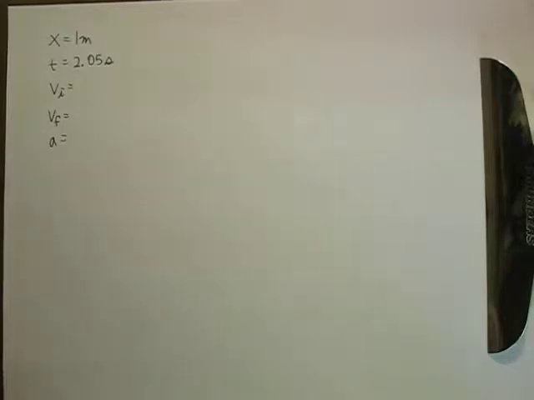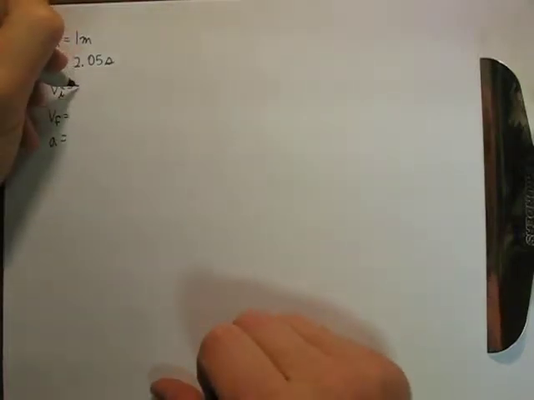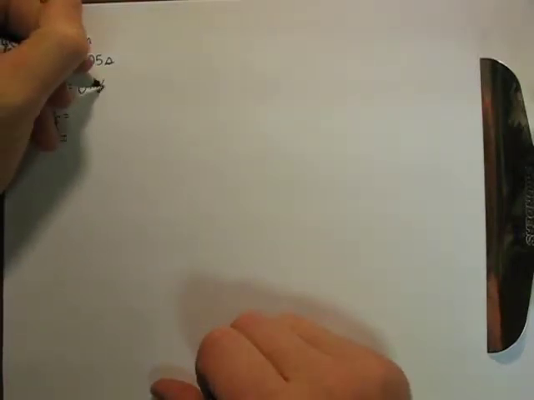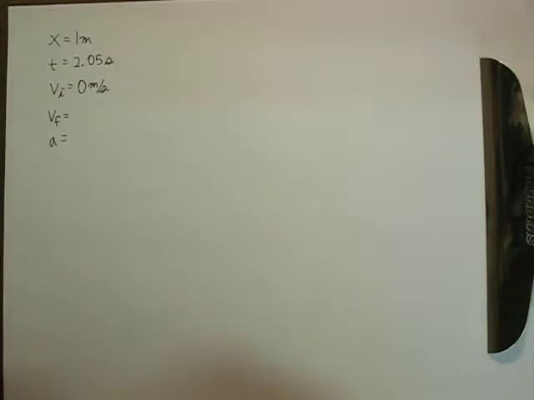Hit pause and think about what the third piece of information is. Some of you will have gotten that VI, the initial velocity of the cart, was 0 meters per second. When I let go, it was not moving.